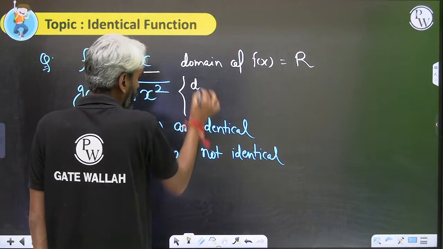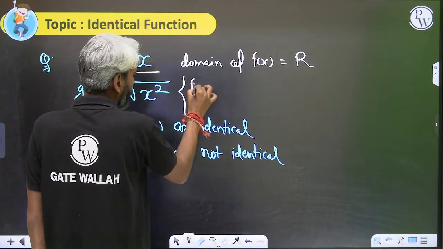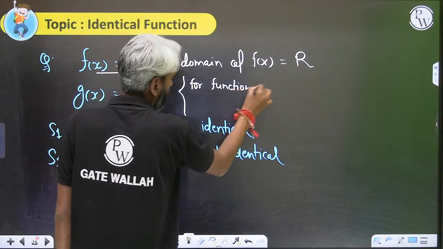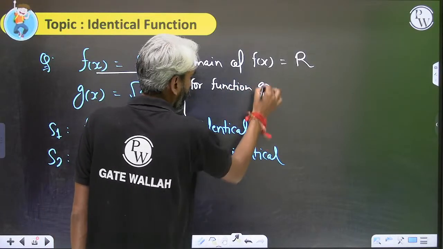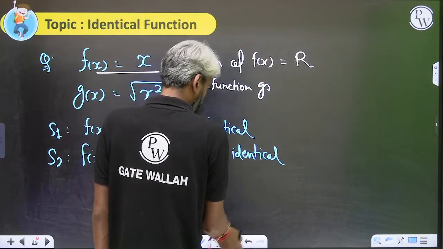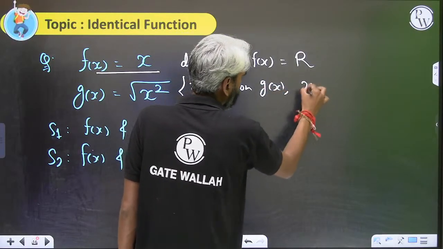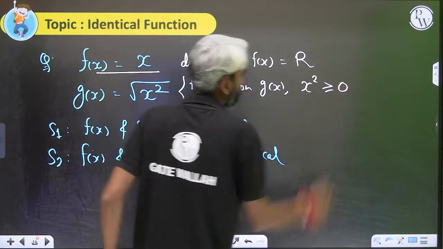So for function g(x), x squared has to be greater than or equal to 0.